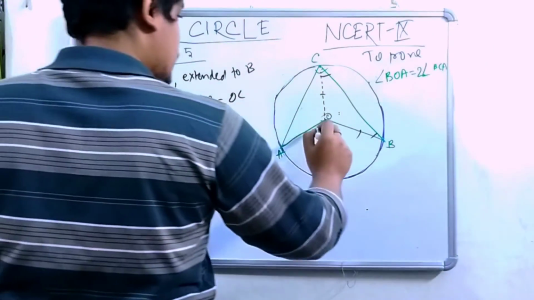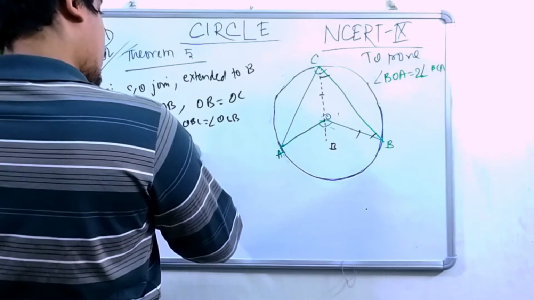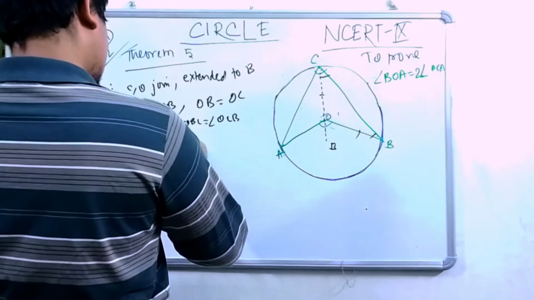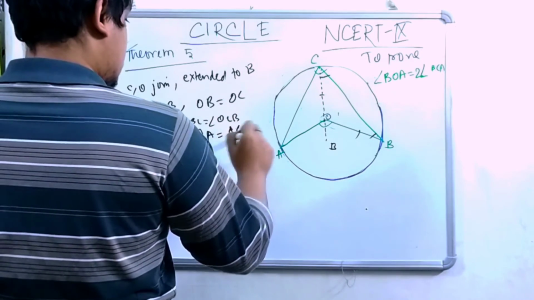A similar thing happens with the other one. From OAC, what do we have? OA is equal to OC.